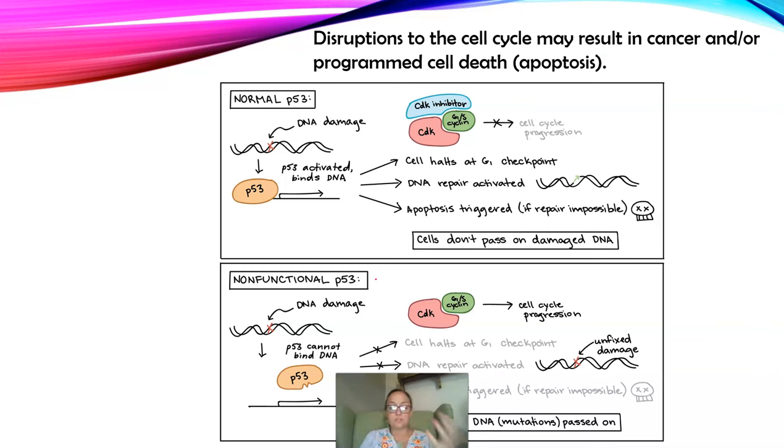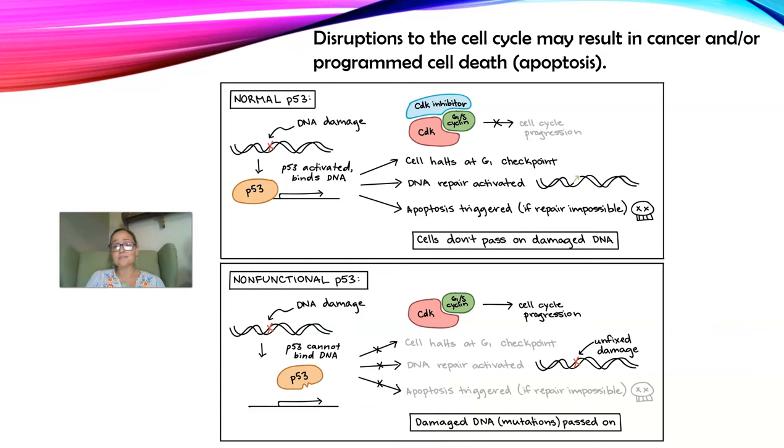So normal P53 is good at protecting us from developing cancer because it will create a CDK inhibitor that will stop the cell cycle from dividing. So here, if P53 binds to DNA and the cell response is to produce this inhibitor, it'll stop the cell from progressing through that checkpoint and either allow the DNA to get repaired or trigger apoptosis. And then if it's all fixed, then it can go through the cell cycle.